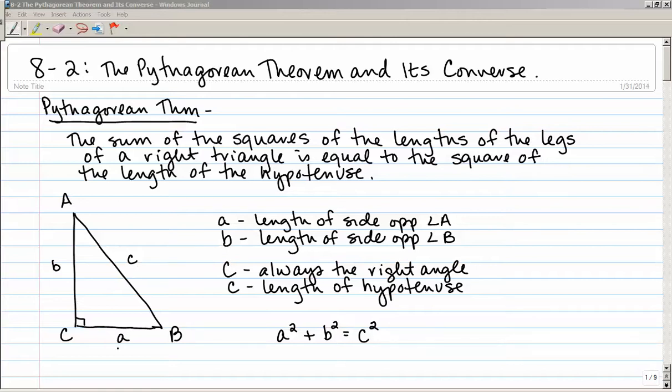The lowercase a down at the bottom here represents the length of the side, the leg that is opposite angle A, and the lowercase b on the left here represents the length of the side opposite angle B. So the length of little a squared plus little b squared equals little c squared, recalling that the lowercase letters refer to the lengths of the sides.